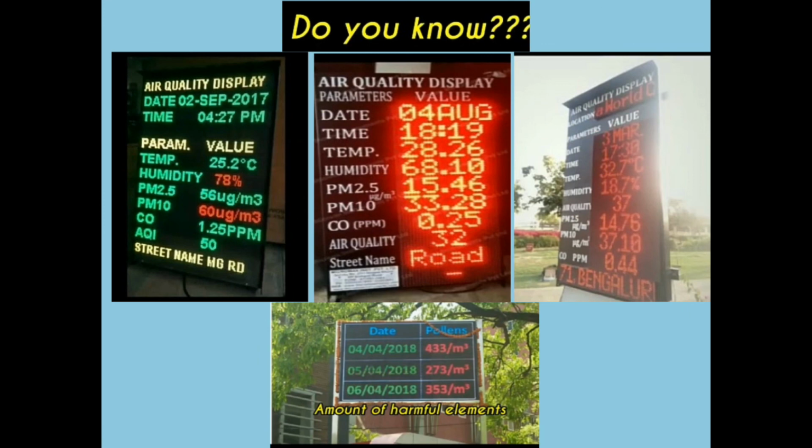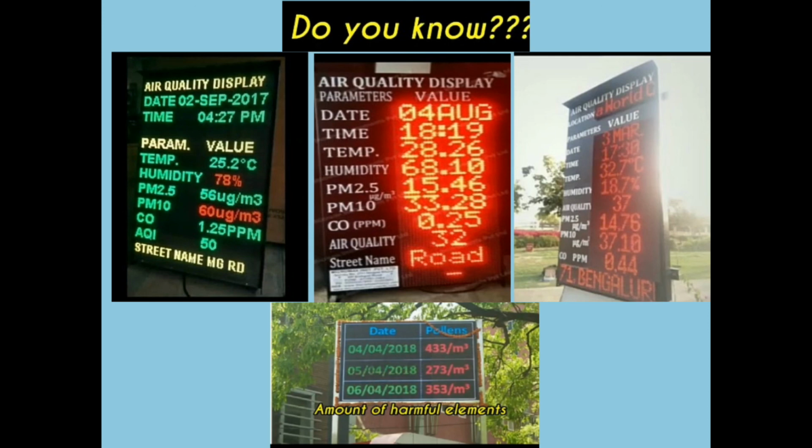Students, do you know that in metropolitan cities like Mumbai, Pune, Nagpur or Delhi, digital boards are displayed to show the air pollution of that place, and these boards are fixed at places where the traffic is always heavy.